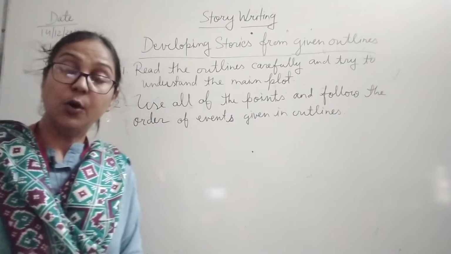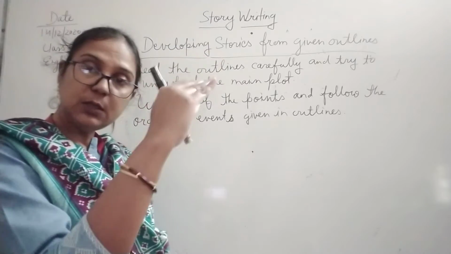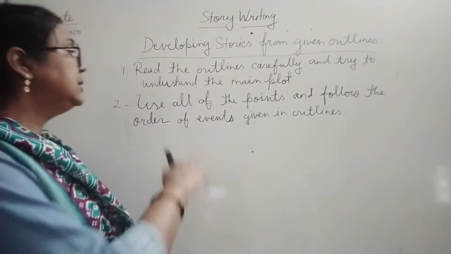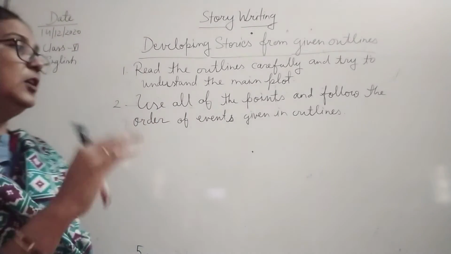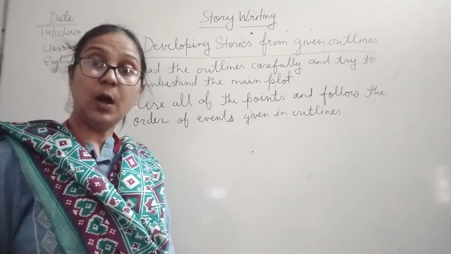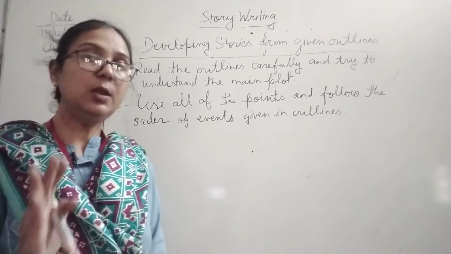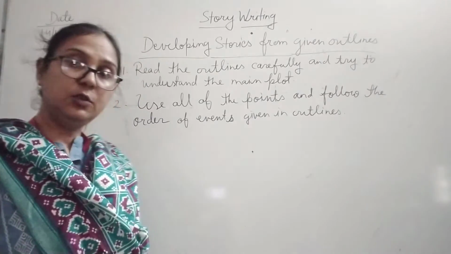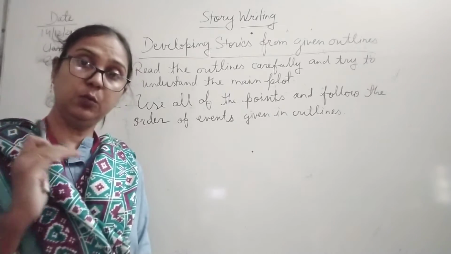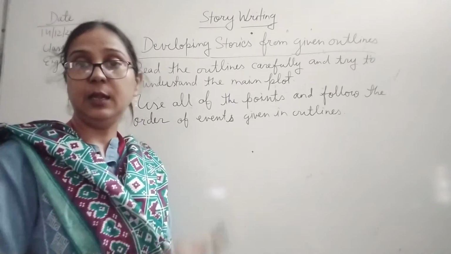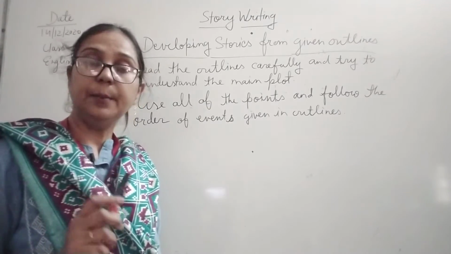So children, always remember, you just link up these lines, go through these lines, and use all the points and follow the order of events given in the outlines. If you are leaving any line, your story will not be completed. So children, always remember the sequence of the lines. You have to go through the sequence of the given outline. Otherwise, your story will not be completed.